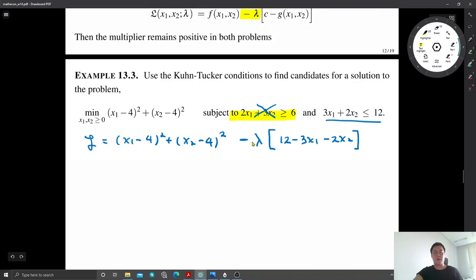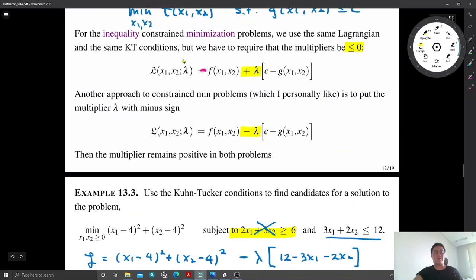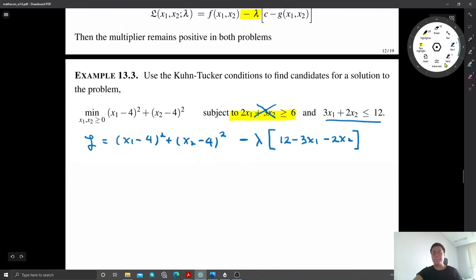The only difference is plus lambda now becomes minus lambda. I think this is the easiest way to solve a minimization problem, so I usually take this last approach. If you have different opinions, then you may take the first or second approach, whatever you want.